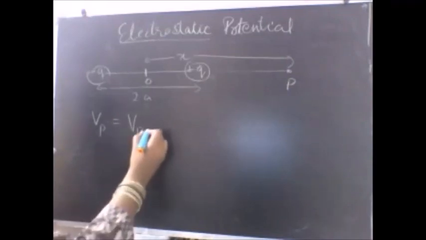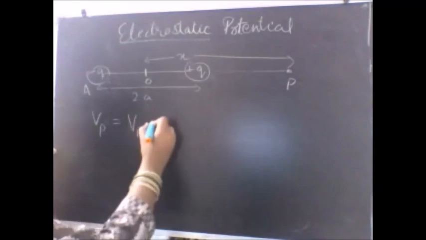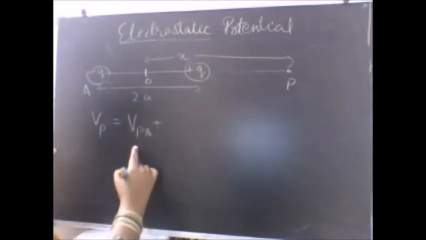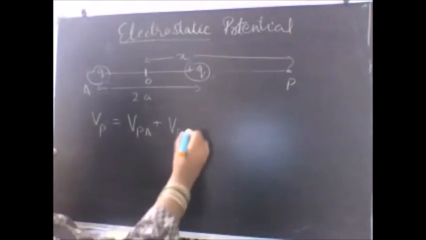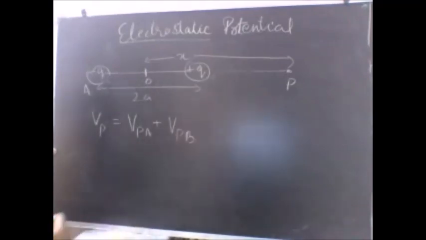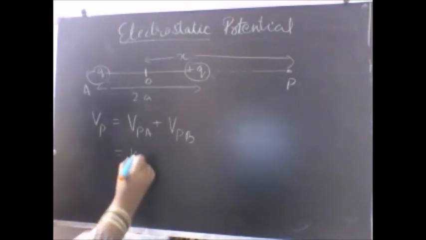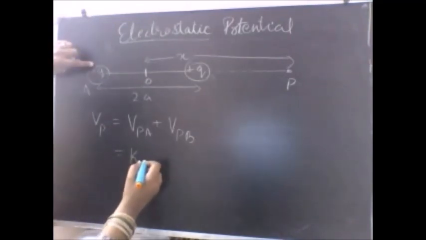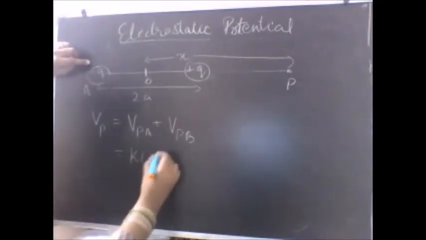This is contributed by the potential at the point P due to the presence of A, and the second term is potential at the point P due to the presence of B. So let us put the values here. K, what is the source charge? What is the value here? This value here is minus Q. So it is minus Q.